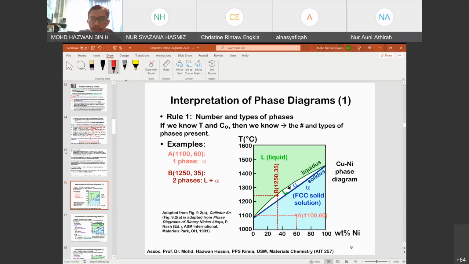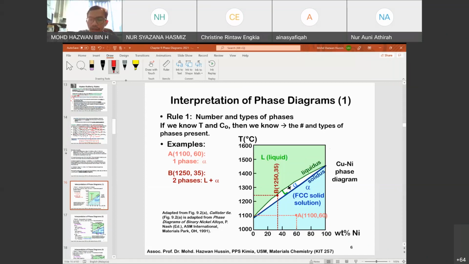So to interpret the phase diagram, the first rule that you need to remember is number and types of phases. If we know the temperature and the composition, then we will know the number and types of phases present. For example, at point A, which is located over here, the temperature is 1100 and the composition is 60% nickel, 40% copper. So at point A, what will be the phase?